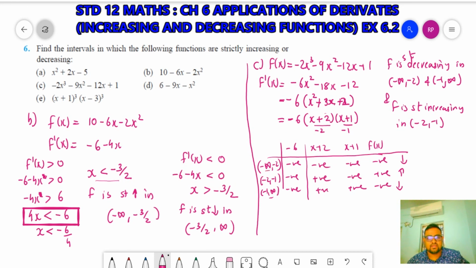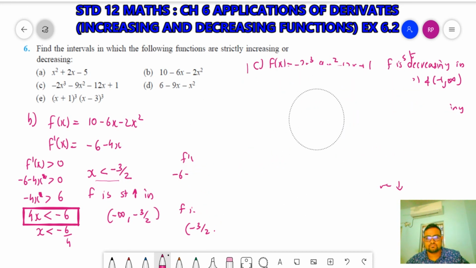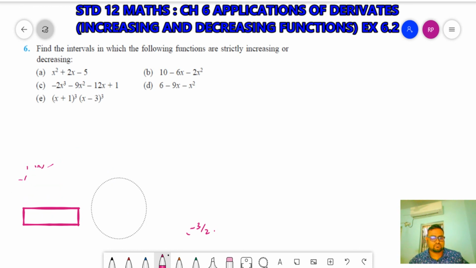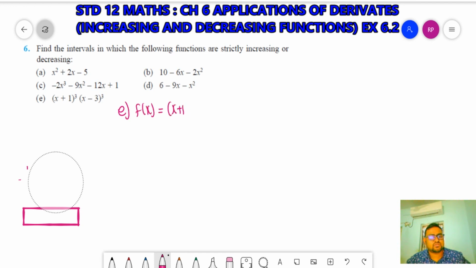Now let's see E. E is given: f x is equal to x plus 1 whole cube times x minus 3 whole cube. So differentiating it, I will get f dash x.